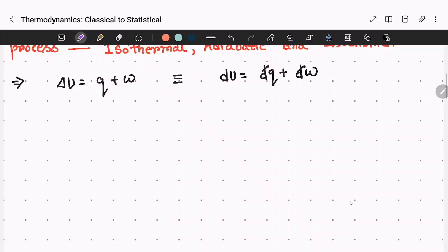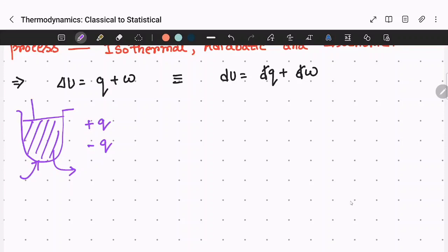Now for IUPAC, we have to remember that if this is a system, and heat is going inside, then obviously Q will be positive because the system is getting the heat. Now if heat is going out from the system, then Q will be negative.